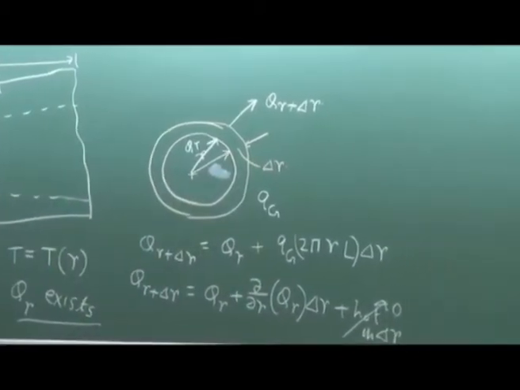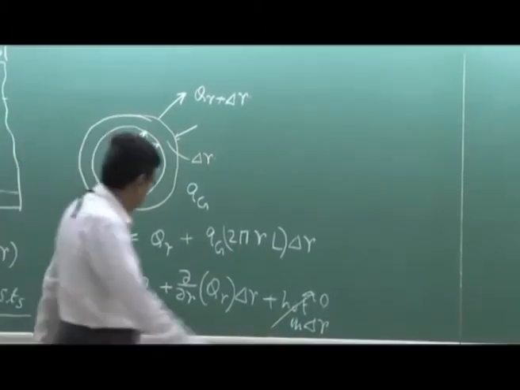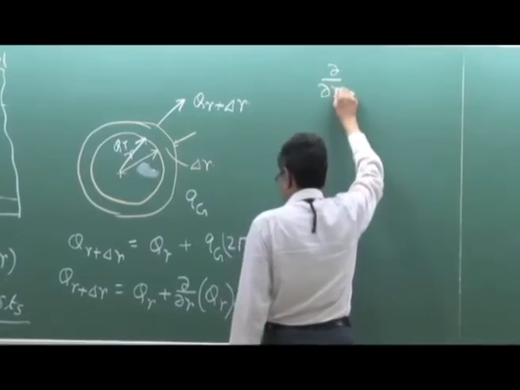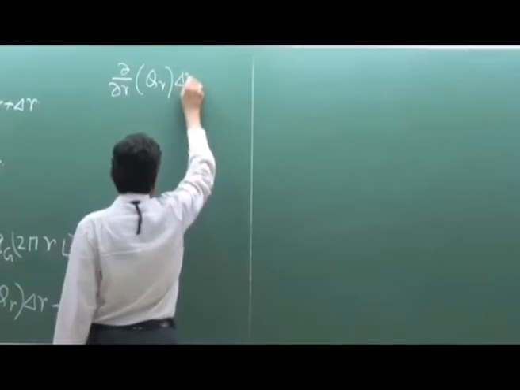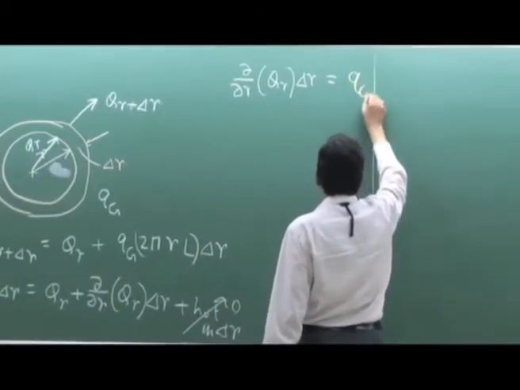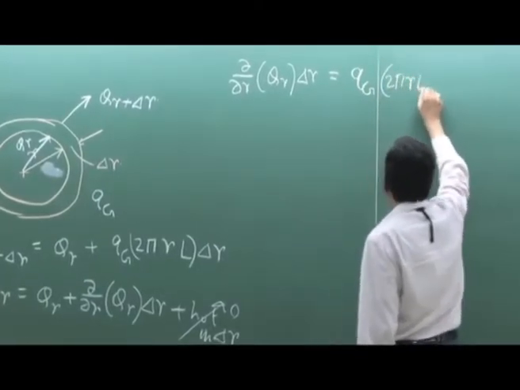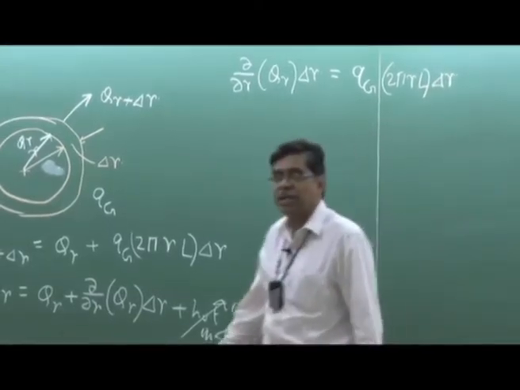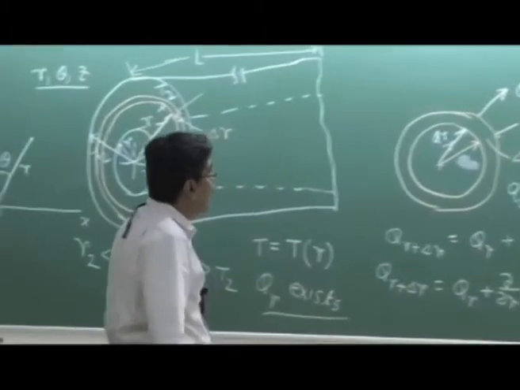So if we write this, then we can write, I am doing it slowly, del del r of QR times delta r is equal to Qg into twice pi r L delta r. So this equation is the same as we did for the plane wall.